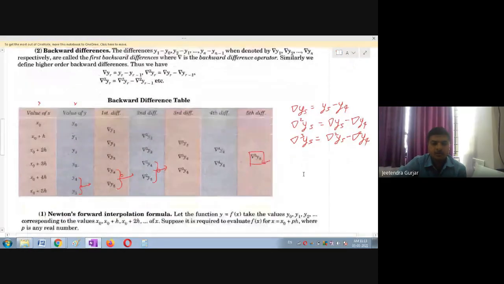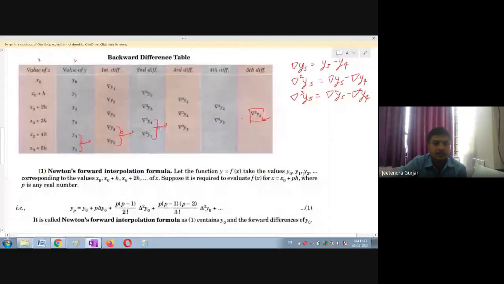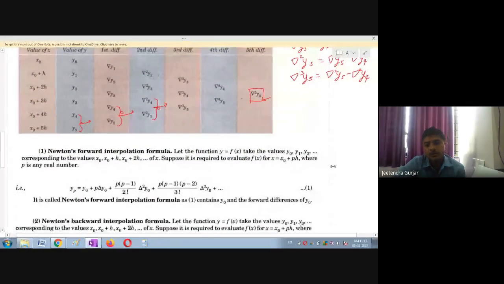So what did Newton do? Yes, he found out the accurate value by using forward and backward difference. He calculated the forward interpolation formula. So therefore it is known as Newton's forward interpolation formula. People don't keep quiet, right?